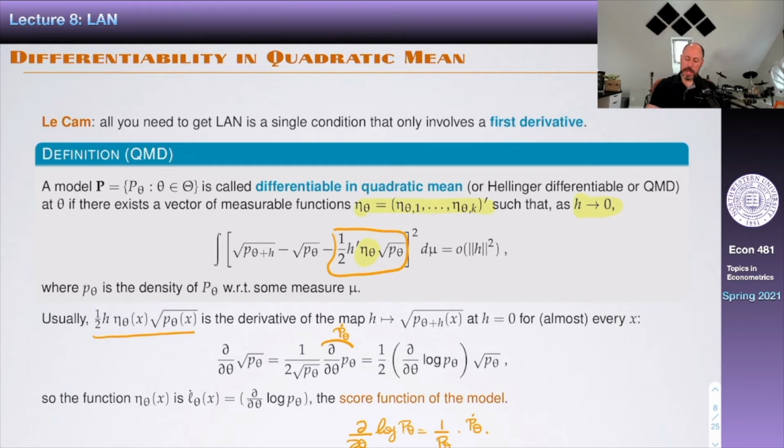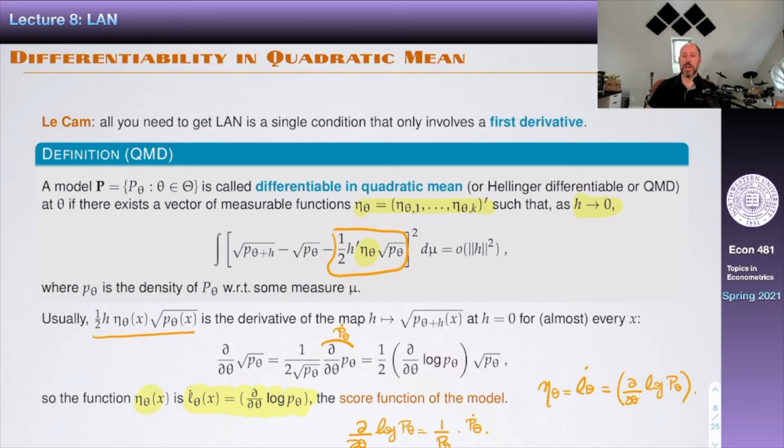So the function eta in the statement of differentiability in quadratic mean typically is given by l dot. Okay, it doesn't have to be like that, but this is what we're going to be doing today. And so let's make sure that we recall this connection, that function eta is just going to be the score, and the score is just the derivative of the log density.